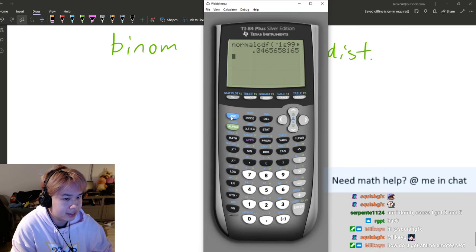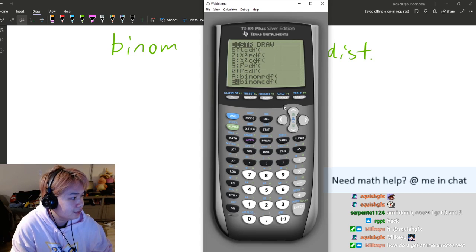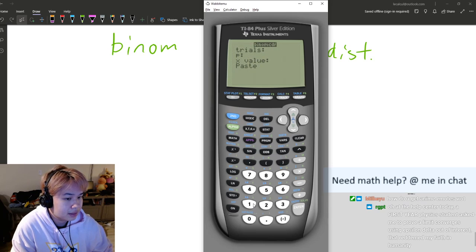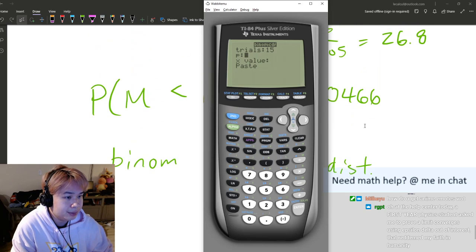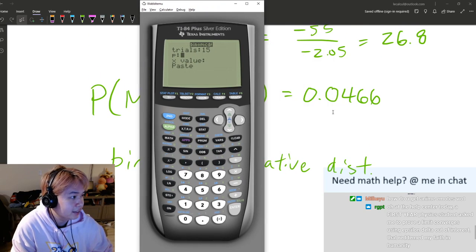So we just go into our calculator and do a binomial CDF. So 15 trials. The probability of being small is right here. And then we want at most 2 oranges.